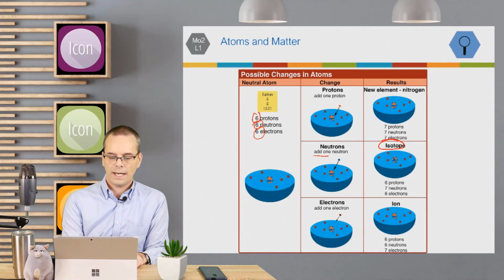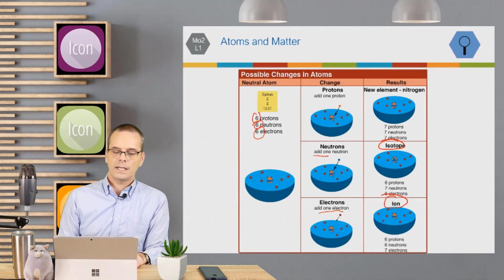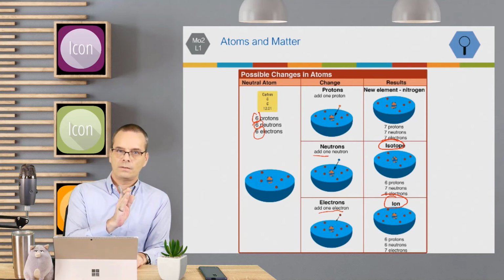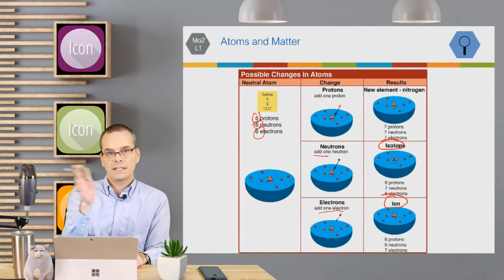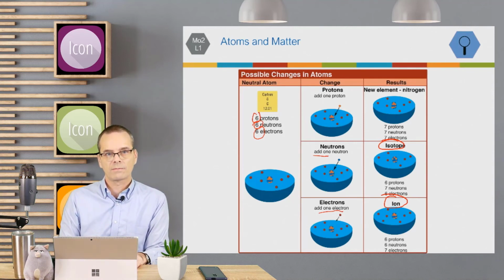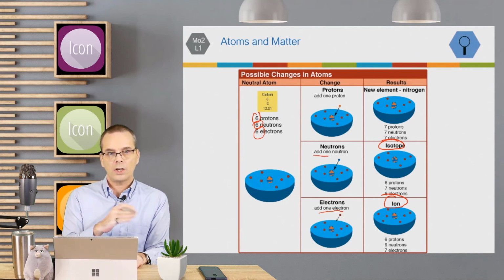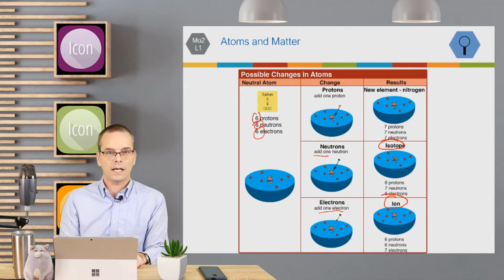If you add 1 electron, you have an ion. So again, carbon with 1 more proton is a completely new element because that changes the atomic number. But with a new neutron, it's still carbon, but it's an isotope. Another electron, and it's still carbon, but it's an ion.